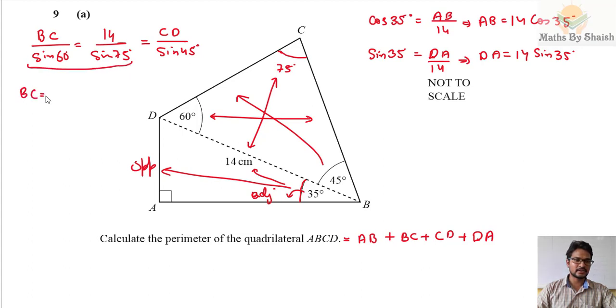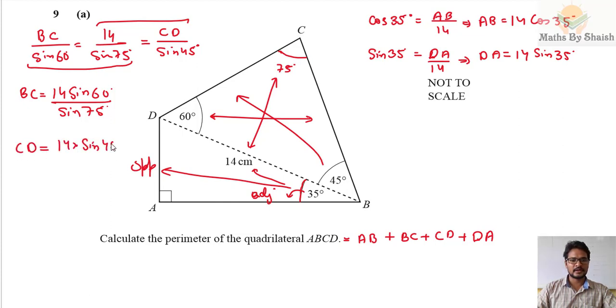So BC is 14 times sine 60 over sine 75. We'll calculate this at the last, and from the last two we can get CD. So CD is going to be 14 times sine 45 degree upon sine 75 degree.